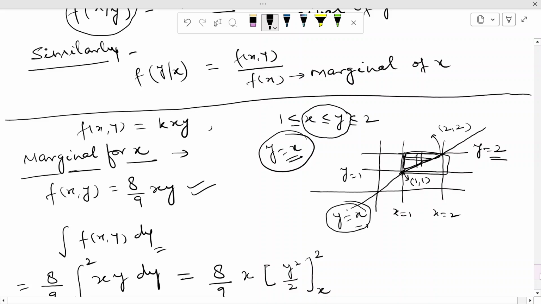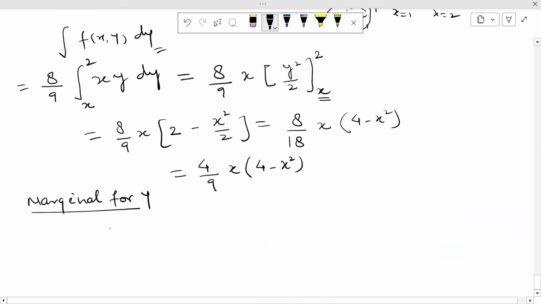So let us first make this marginal for y. We represent this by fy, and we have to integrate our joint PDF. Now this integral is with respect to x, right? And because this is the general definition, we are putting the general limits.